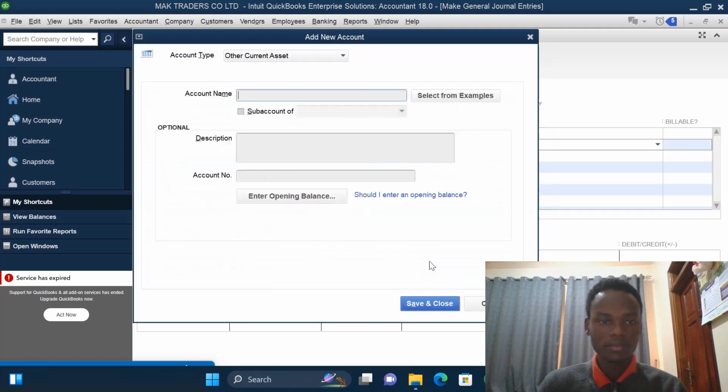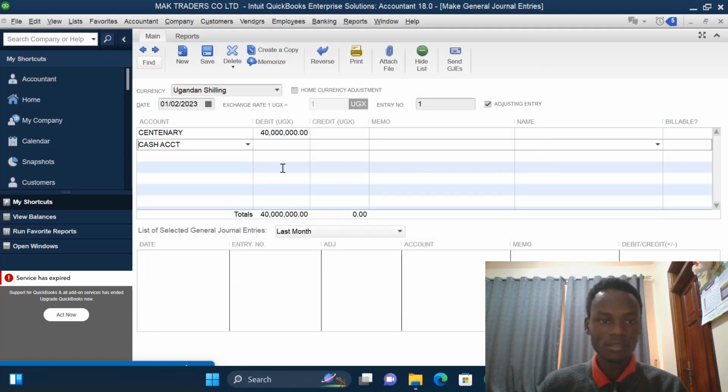So continue, and we say it's the cash account. So we save and close. So we shall credit it by 40 million. So we save and close.